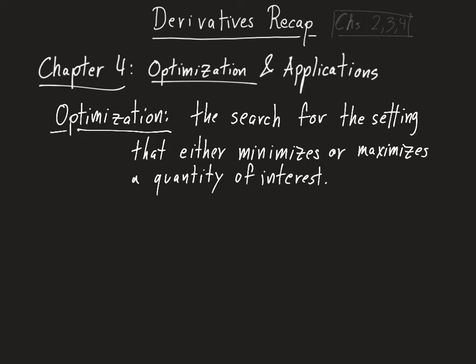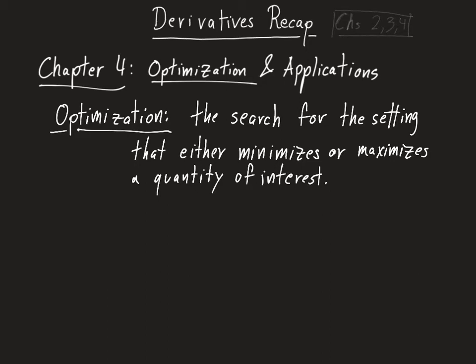You have some sort of investment that you are trying to either make as large as possible or as small as possible. Maybe you're trying to do the homework for this course in the laziest way possible. In that case, you'd be doing an optimization problem where you are trying to minimize the effort that you need to put in.